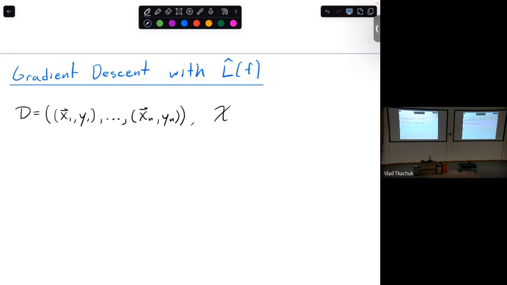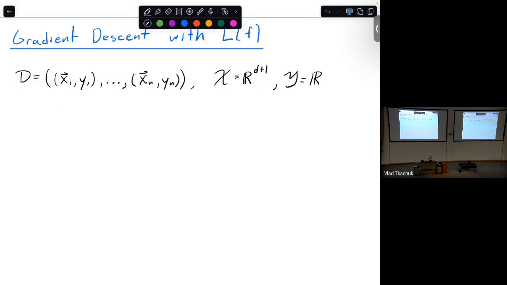And we'll see this extends to no matter what functions you use, because you're always going to want to be able to shift your function up or down. So to make the math a lot nicer, we add an extra dimension to the input and always say that the 0th index is equal to 1. So x comes from R^(d+1). And we're working with regression still, so our labels are going to be real numbers.